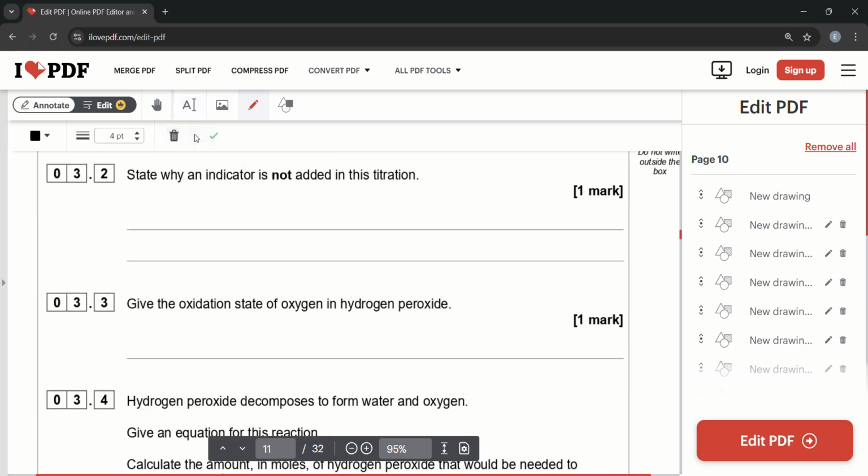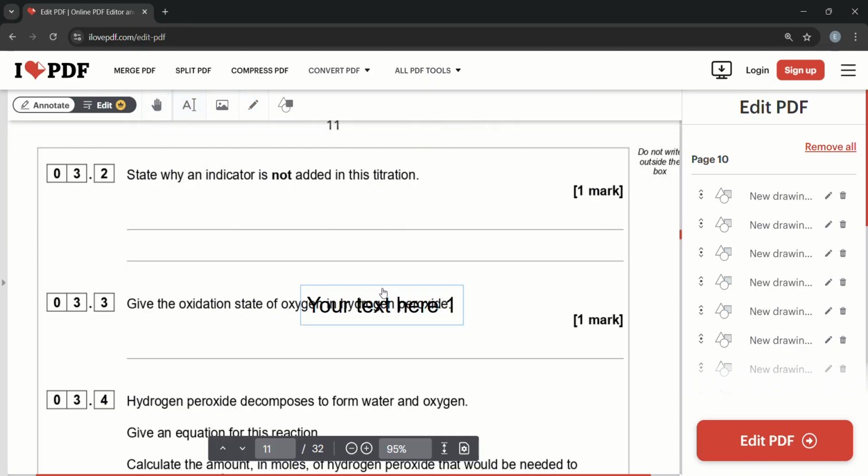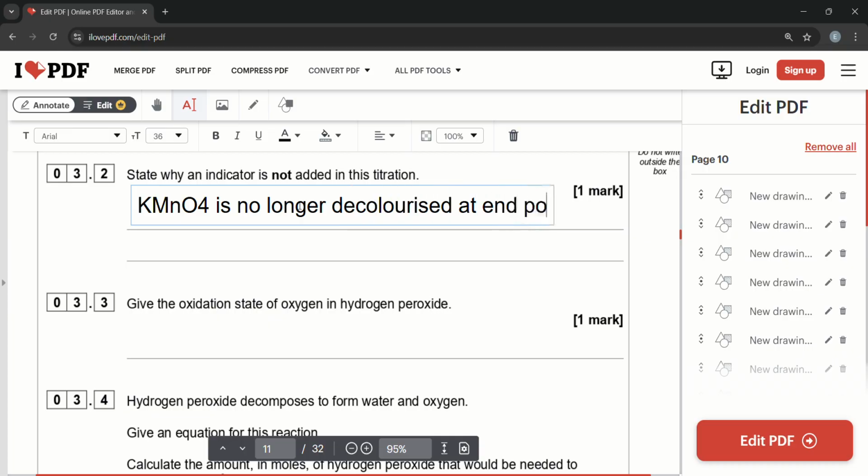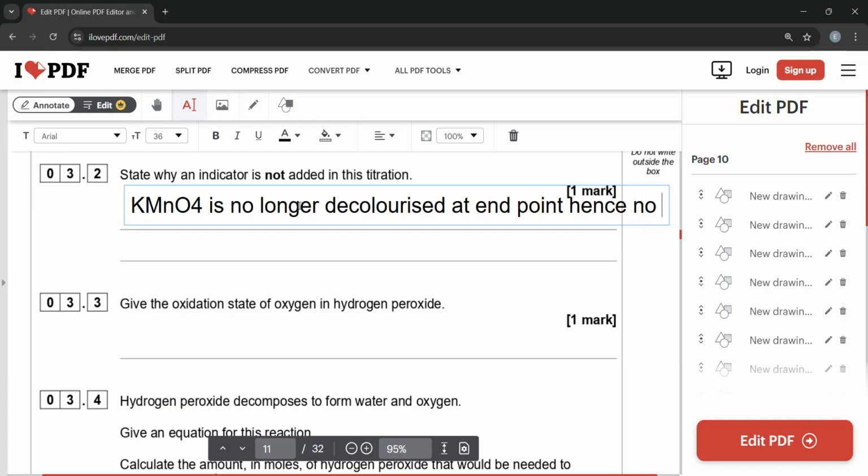3.2, state why indicator is not added in this titration. Because the KMnO4 is no longer decolorized at the endpoint, hence no indicator.